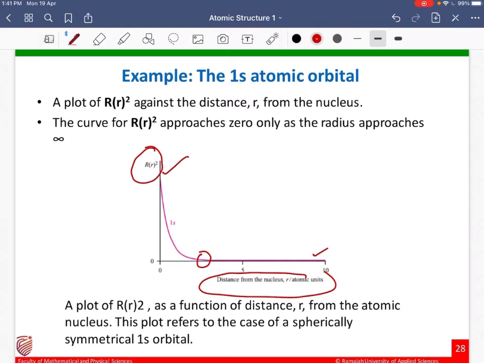Now if you draw a boundary surface around the nucleus where there is 95% probability of finding an electron, then we will get information about the distance of the electron from the nucleus, the most probable distance of finding the electron.